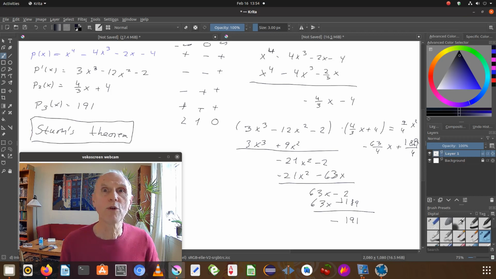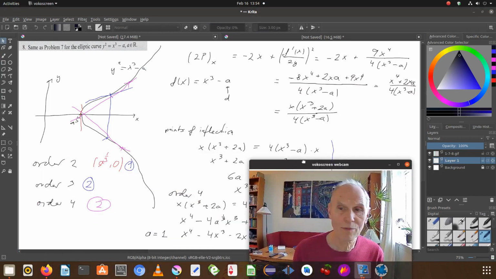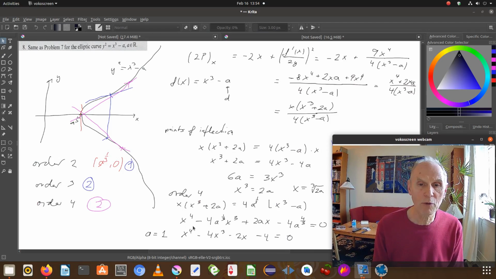It's worth knowing that it exists, and that proves that the equation we arrived at has exactly 1 positive root, whatever it may be, 4 point something.